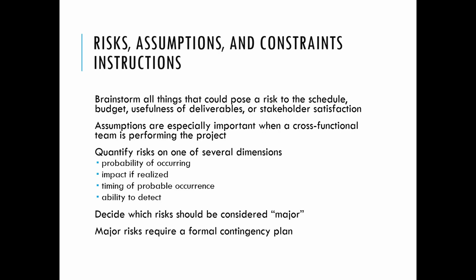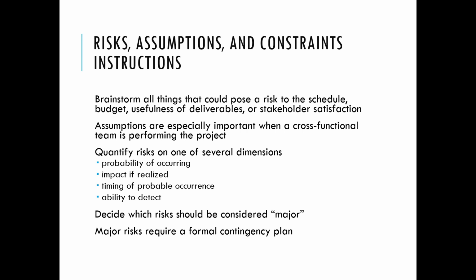During the risk assessment phase, we brainstorm all the things that could pose a risk to the schedule. What are the things that pose a risk to the budget, usefulness of the deliverables, the stakeholder satisfaction, etc. Assumptions are especially important when a cross-functional team is performing the project.